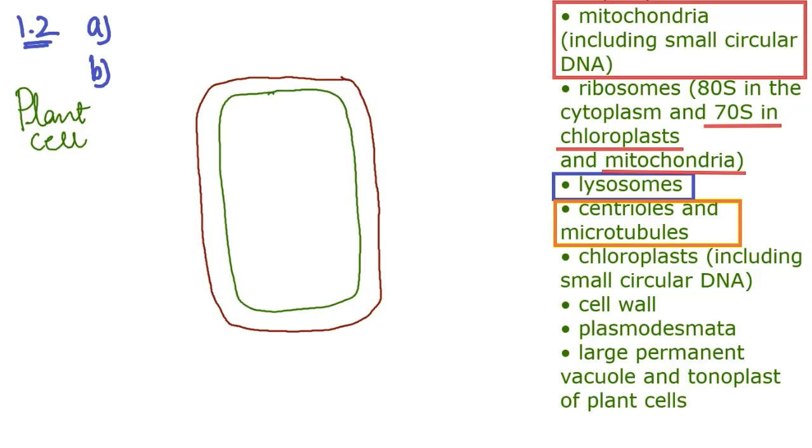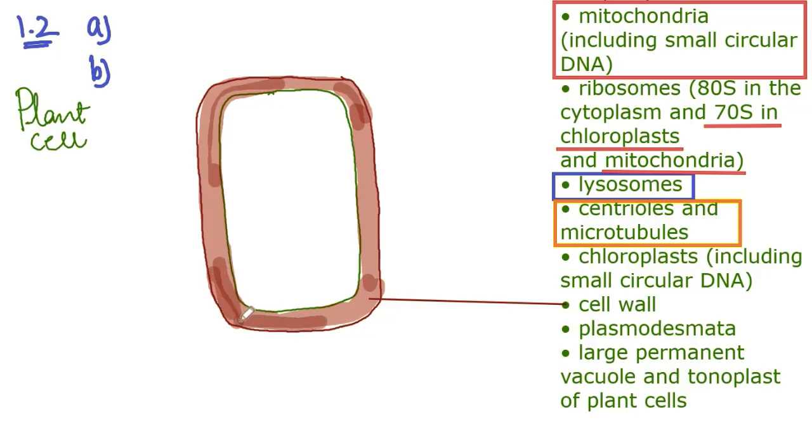The labeling should start from the middle of the two lines, between the outer edge and the inner edge. The whole thing between the two lines is the cell wall, and this cell wall is made up of cellulose. The main function of the cell wall is to provide support to the plant cell, and it prevents it from bursting.